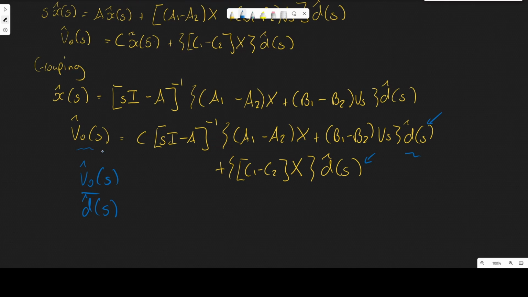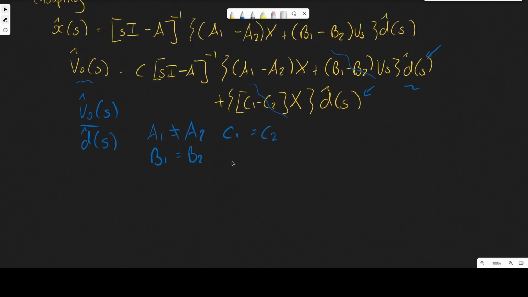To simplify even further, we said earlier that A1 is not equal to A2, B1 is equal to B2, and C1 is equal to C2. So this term cancels out and this term cancels out, and the small signal transfer function can be written as follows.